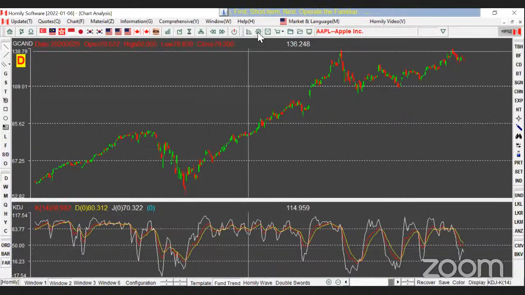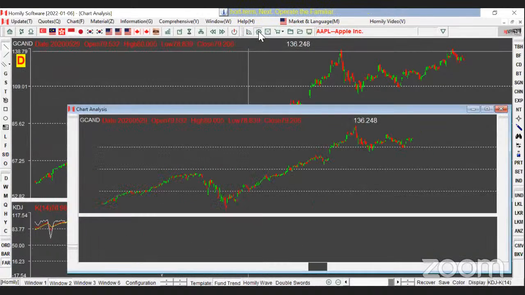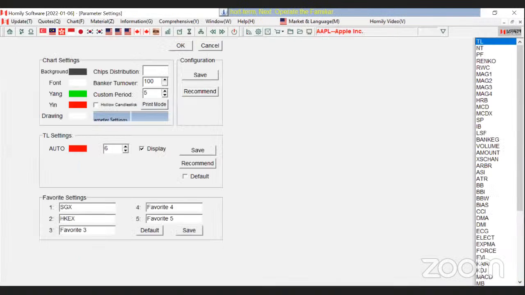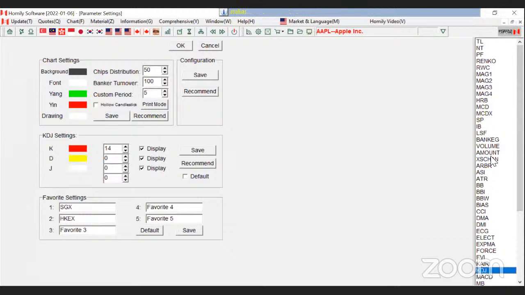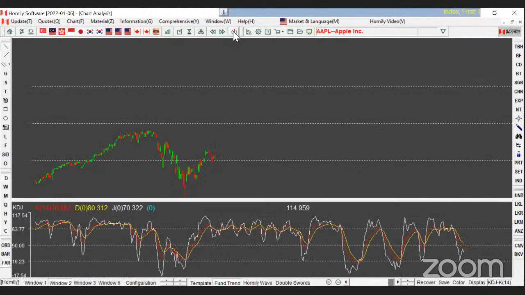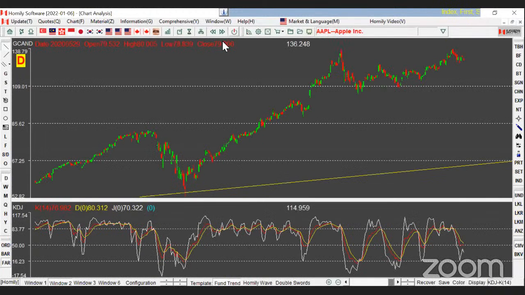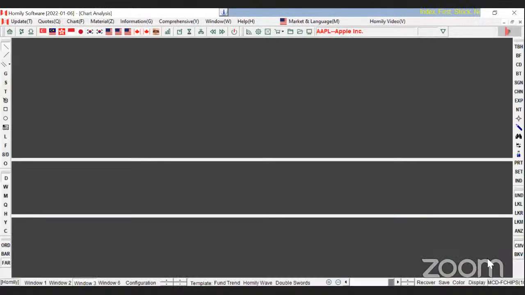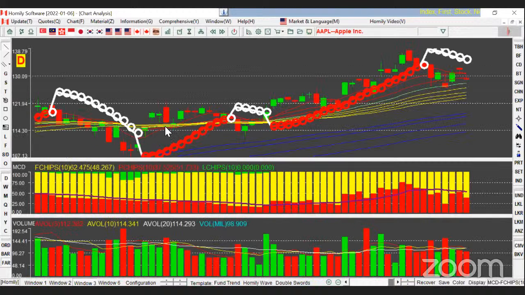If I go to the setting, then on the right side, I try to find KDJ here, right? On the right side, I double click. Then you will see KDJ appear in the middle here.